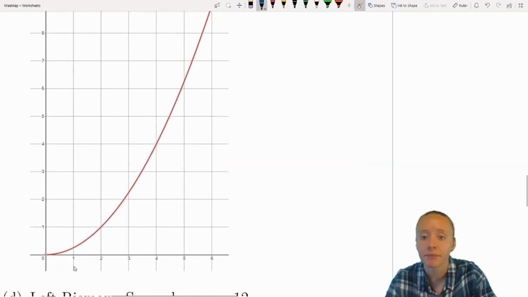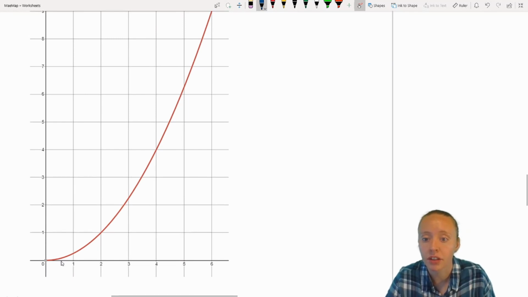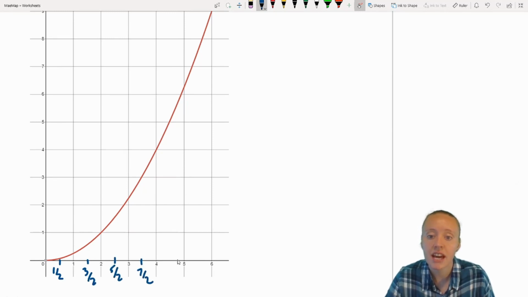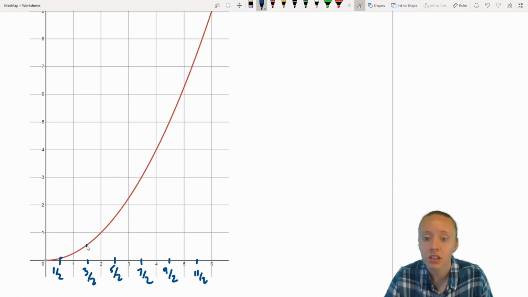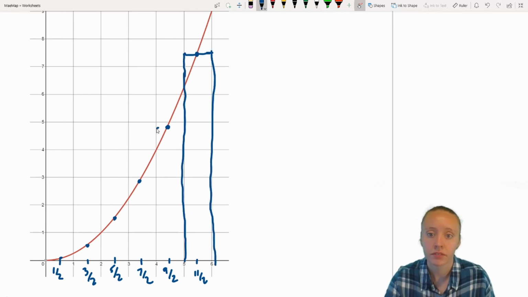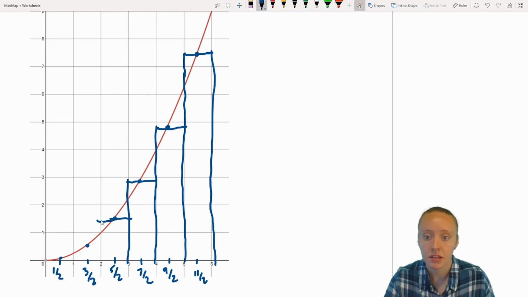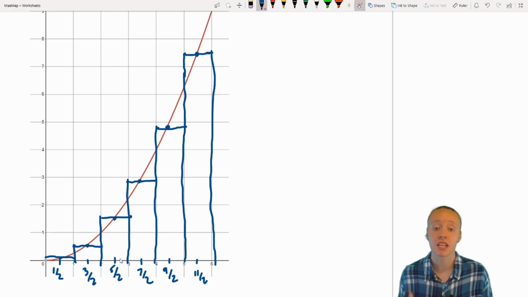So zooming in, my midpoints are going to be 1/2, 3/2, 5/2, 7/2, 9/2, and 11/2. If those are the heights, I'll quickly draw out each of my rectangles. And there we go, there's a rough sketch of each.